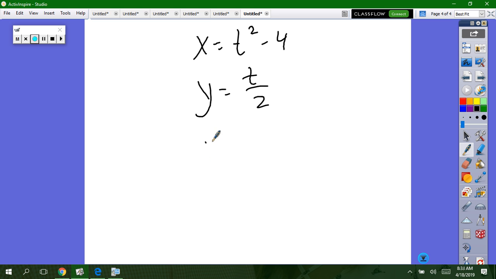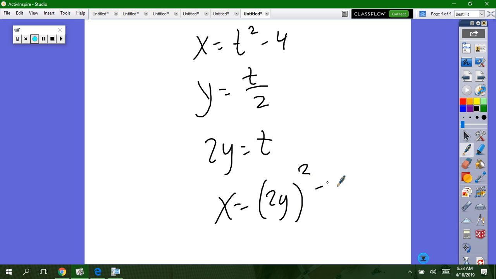Okay. So 2y equals T. Agree? What can I do then? Now I'm going to substitute, correct? X equals (2y) squared minus 4. Agree with me on that?